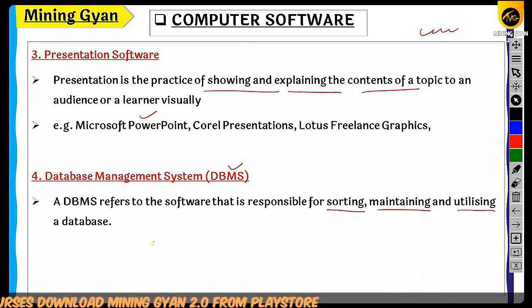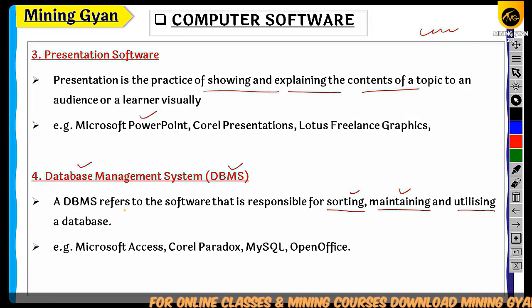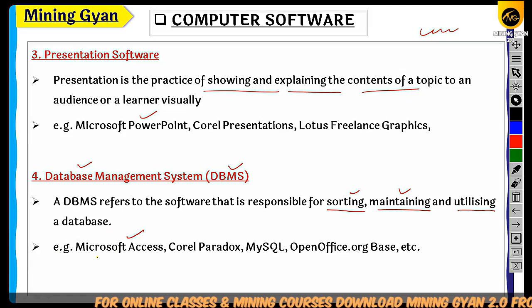As the name suggests, it is database management: storing any kind of data, maintaining the database and utilizing it.